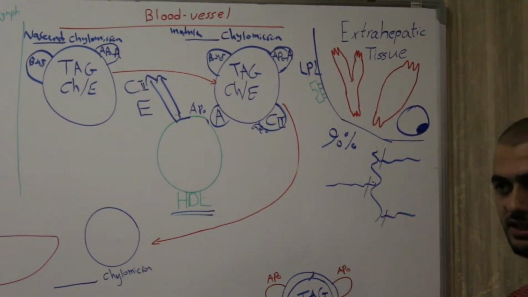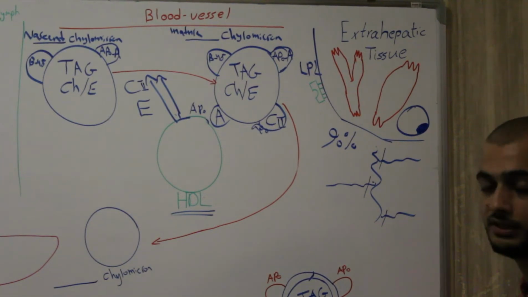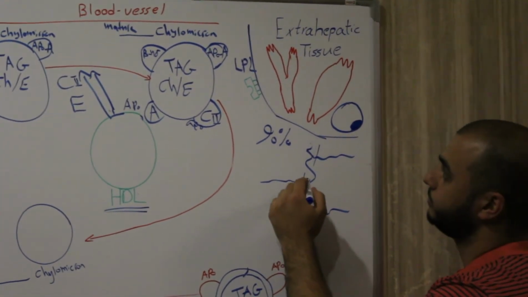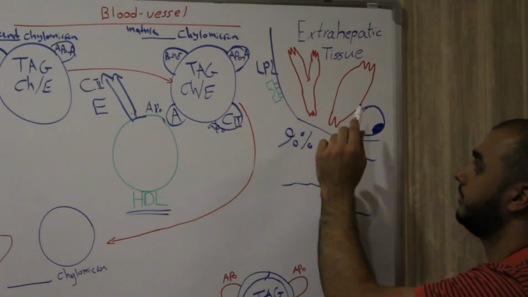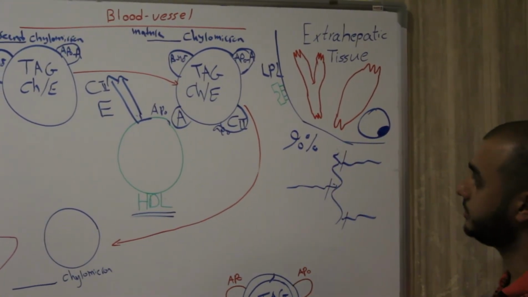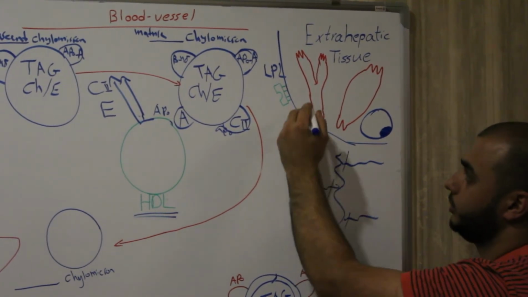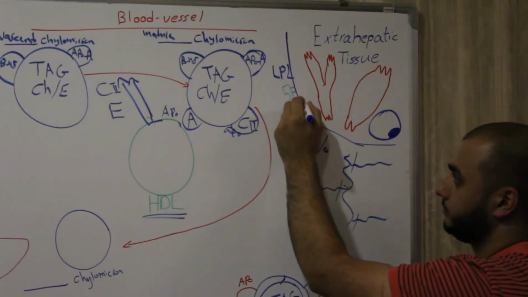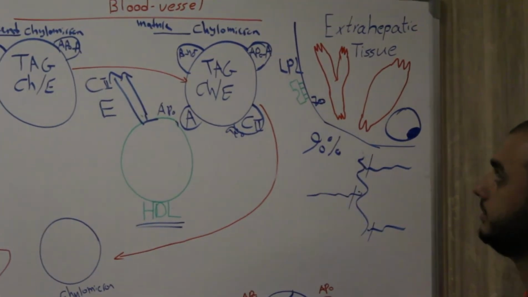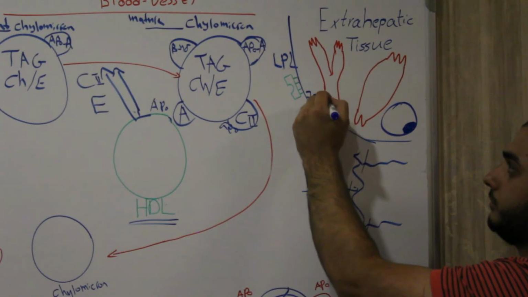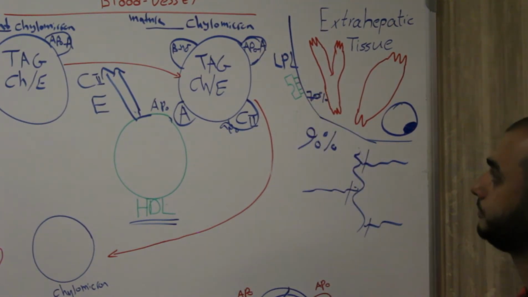So we'll have fatty acid chains and glycerol finally. These fatty acids will be taken up by the tissues: cardiac muscle, skeletal muscle, adipose tissue, especially cardiac muscle, which is mainly dependent on fatty acids as its main nutrition, about 70% of the cell's nutrition.